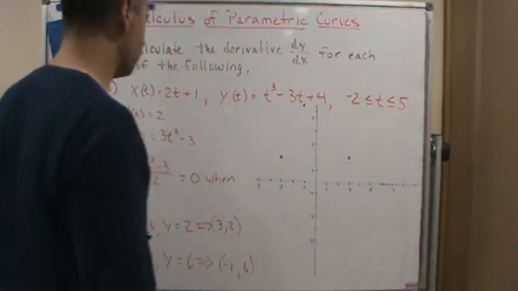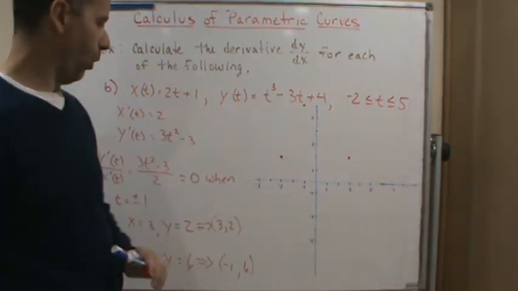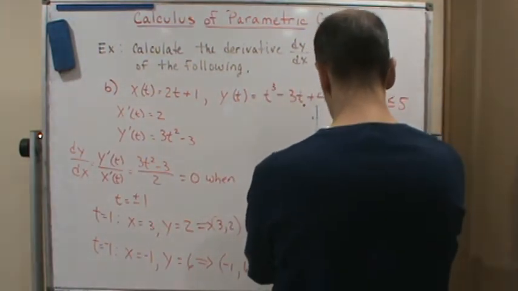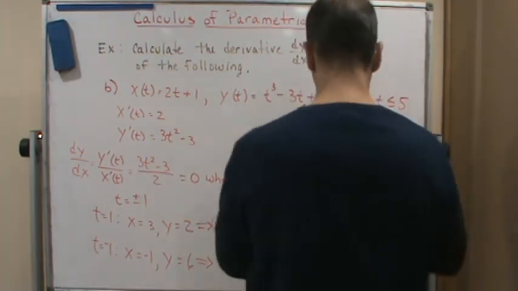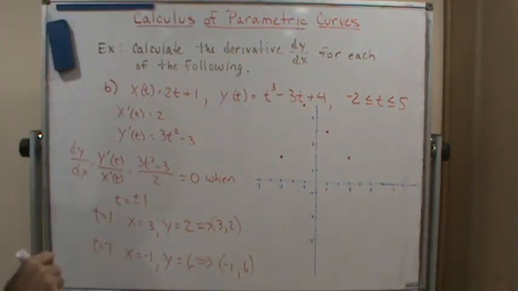What about at t equals 0? Well, then we get (1, 4). So 1 comma 4 is about right there. Okay? And then at 1, we already did. When t is 2, what do we get?